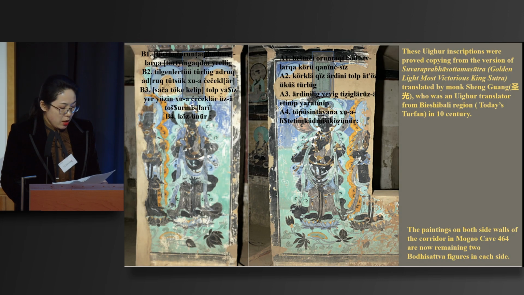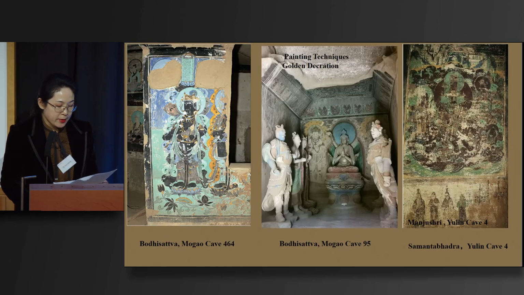In addition, the painting techniques of these Bodhisattva figures resemble those in other paintings in the Mogao and Yulin caves of the Yuan Dynasty. All of these Bodhisattvas were painted surrounded by auspicious clouds, which was a unique characteristic of Yuan Dynasty paintings.